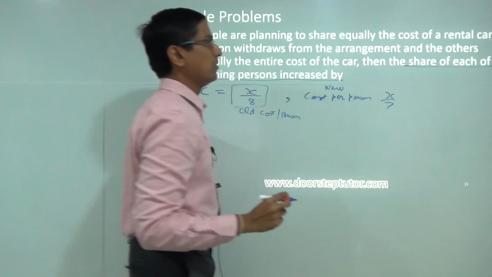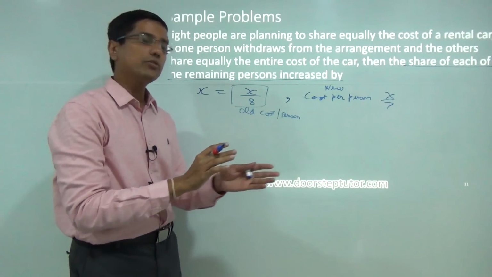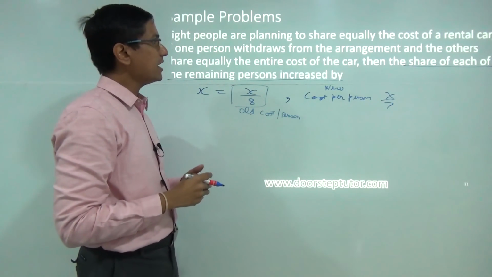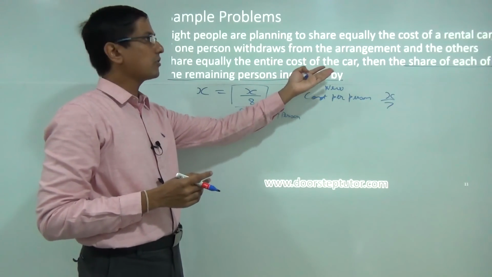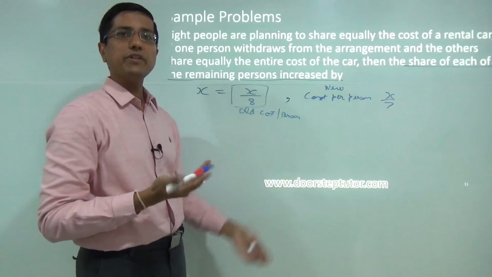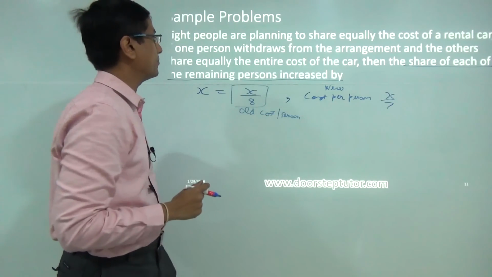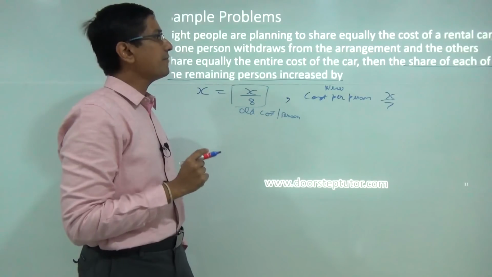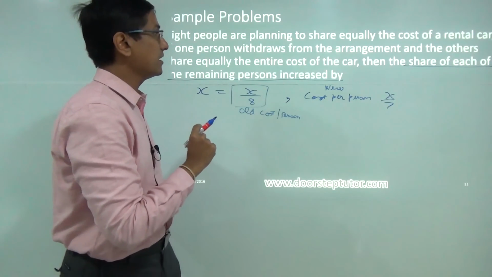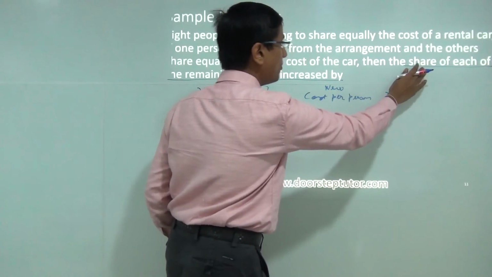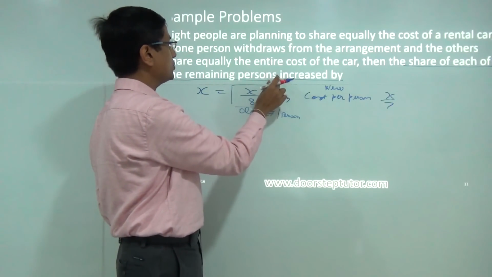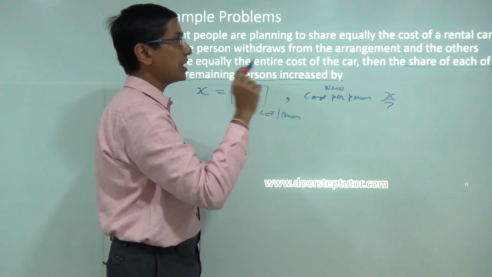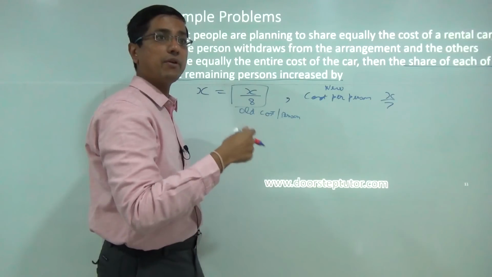As soon as they see this problem, they tell me that it cannot be solved. We don't have enough data. The total cost of the car is not even given. How are we going to solve this problem? The key here, my friends, is to understand that this problem is not asking you to find the absolute share, how much it would increase by, maybe 100 rupees, 200 rupees.